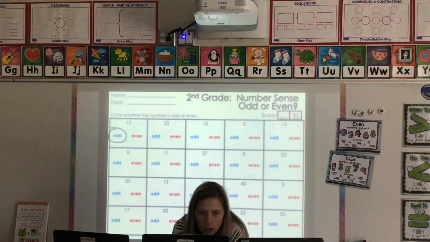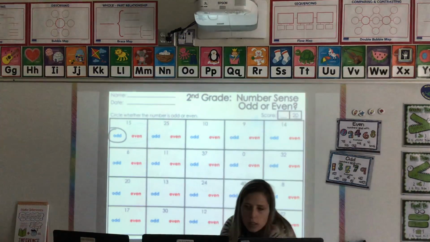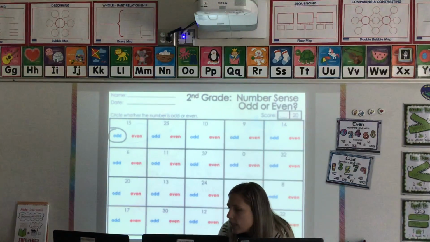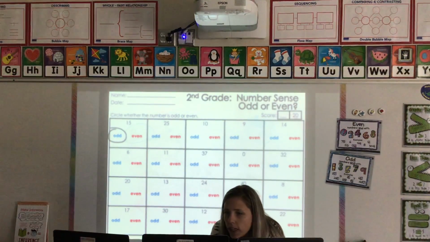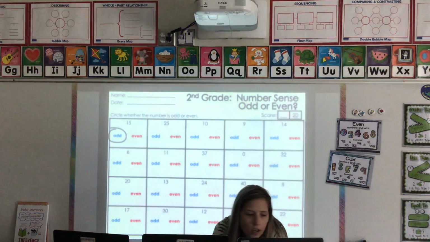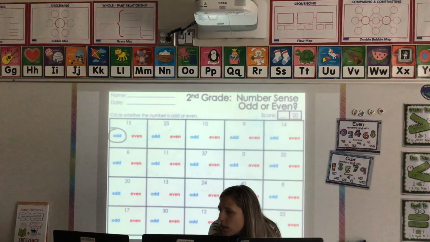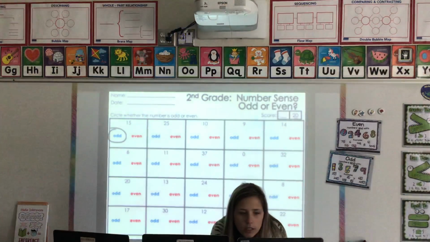Good. So if you held up an odd number, your number ends in 1s, 3s, 5s, 7s, or 9s. So I see 99, 27, 119. I see 1 is an odd number. 3, 7. All right, good job, my friends.